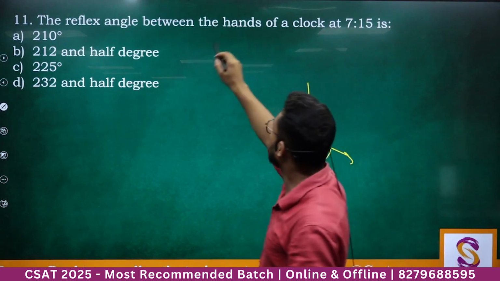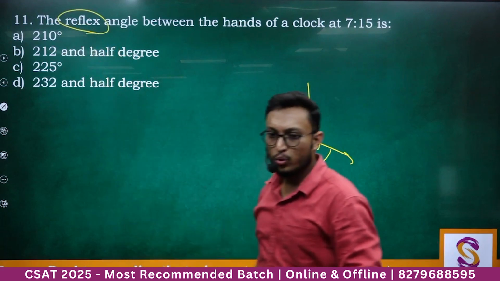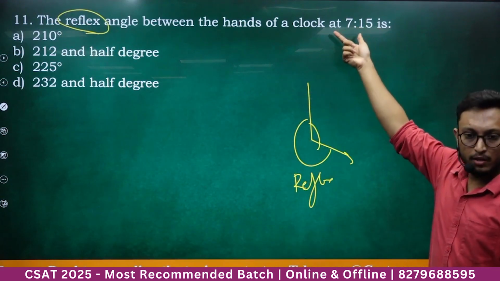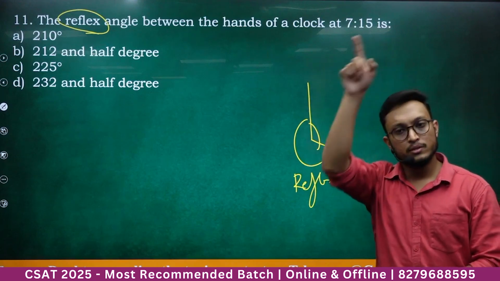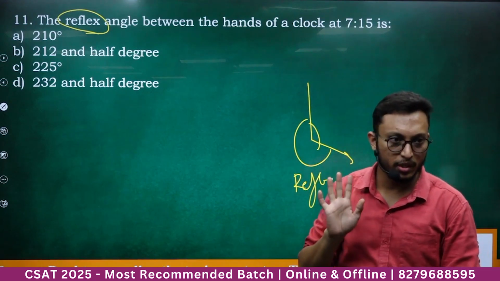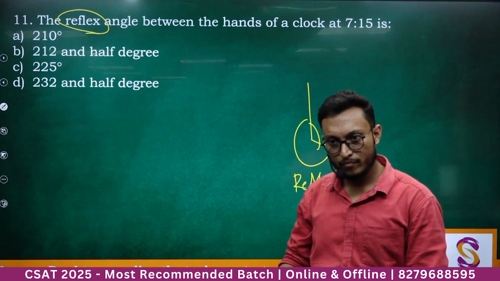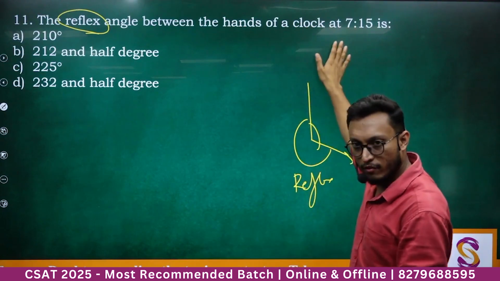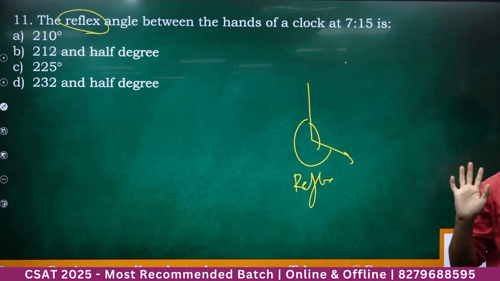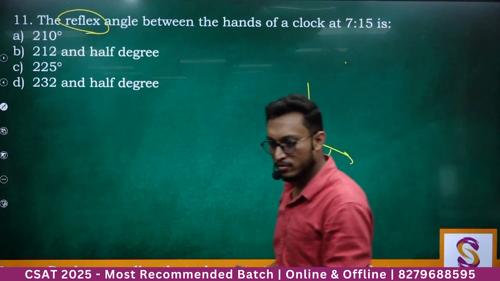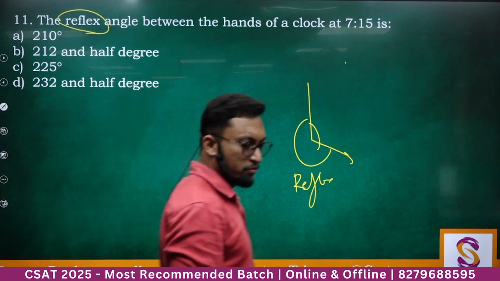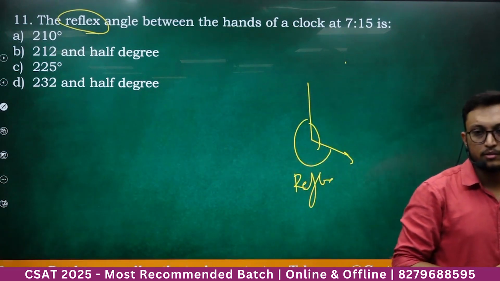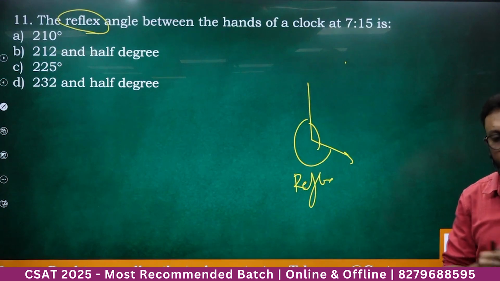So if reflex is written, you need to calculate the initial angle between both the hands at 7:15, then subtract it from 360 degrees. So do the same thing, calculate the initial angle at 7:15, then subtract it from 360 degrees. Okay? Try. In exams, don't carry a watch, the analog one. Only analog is allowed.